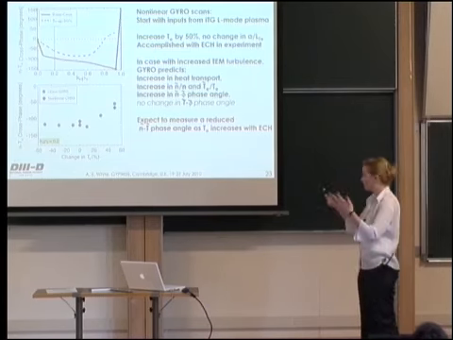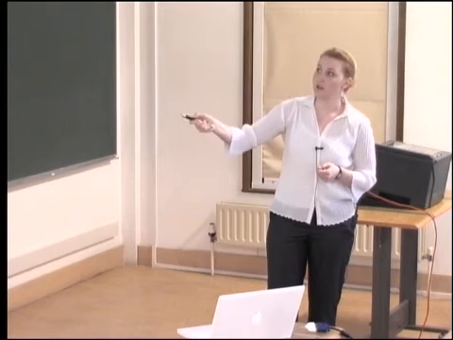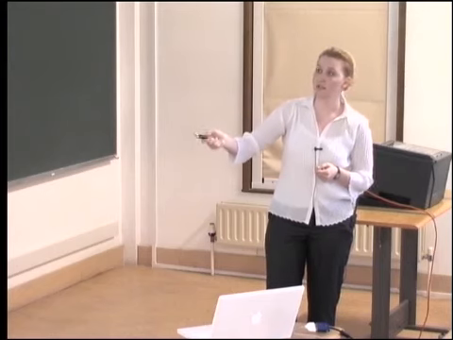And now GYRO also predicts this increase in the nT phase angle. So GYRO tells us that the transport is changing and it's related to two things: the increase in fluctuation amplitudes and also this underlying change in the nT phase angle, with no change in the underlying T phase angle. What GYRO shows we should be able to measure is the cross phase between density and temperature fluctuations.